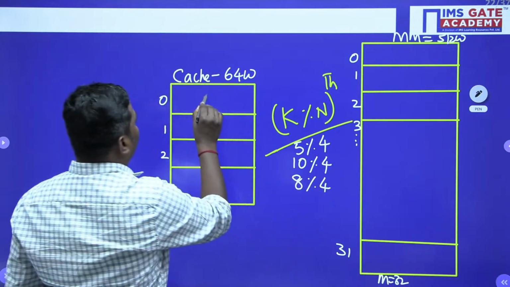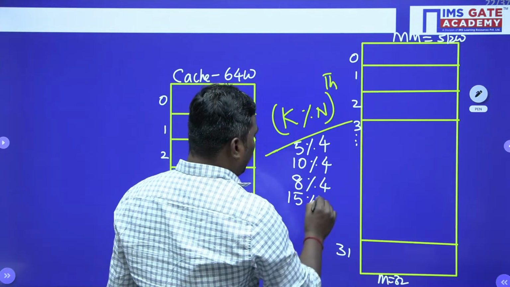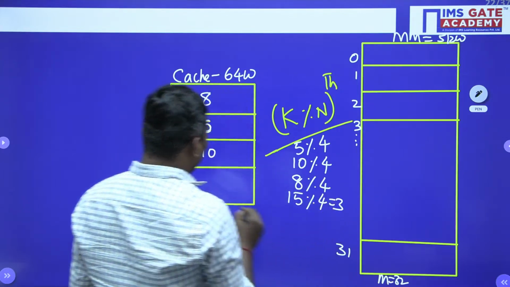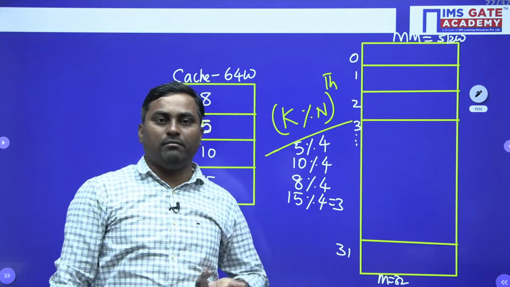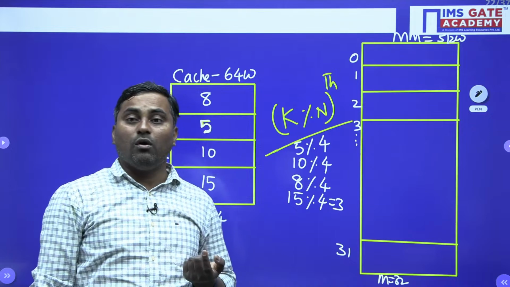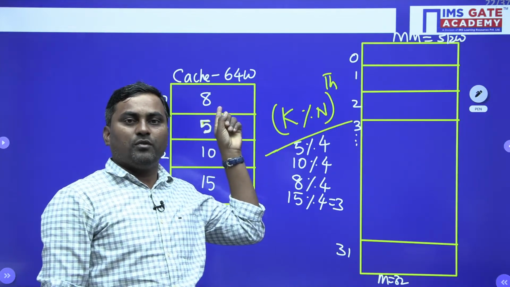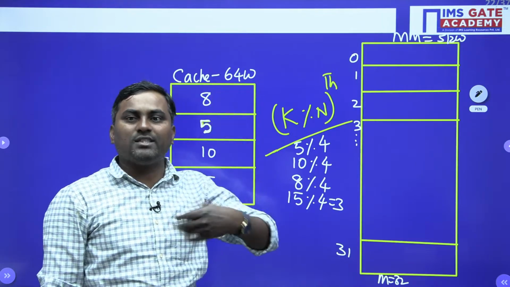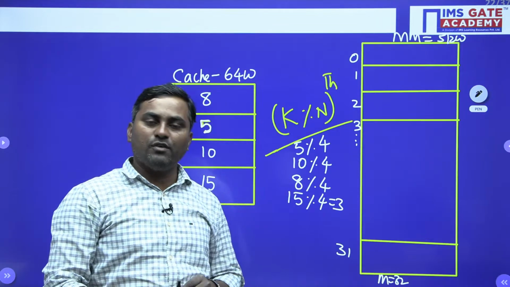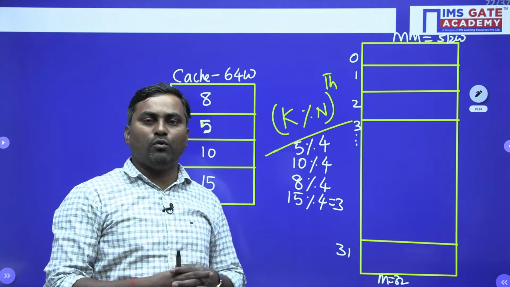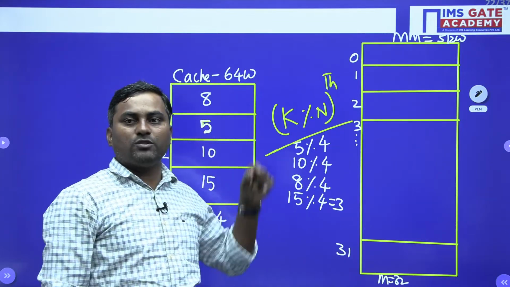So you have to place it in the 0th block, but the 0th block is already occupied. What to do? Remove block number 8 and place 20. If I say 25, 25 modulo 4 is 1. Block 1 already has 5, so you remove 5 and place 25.